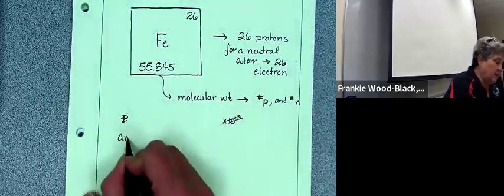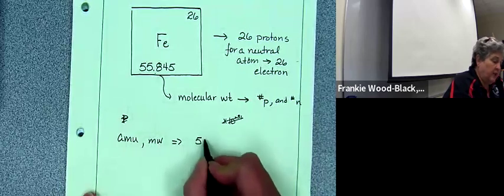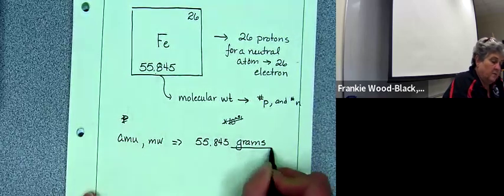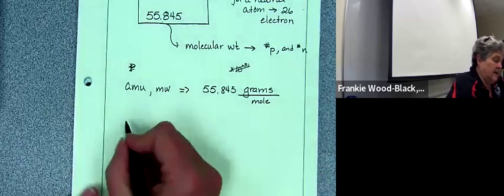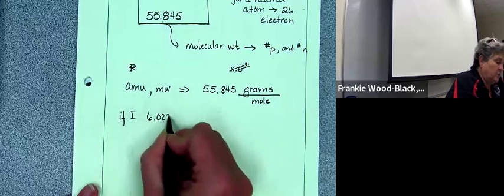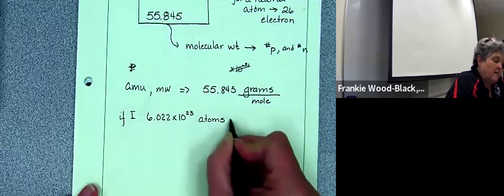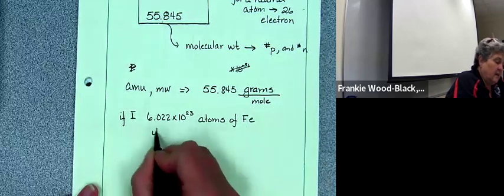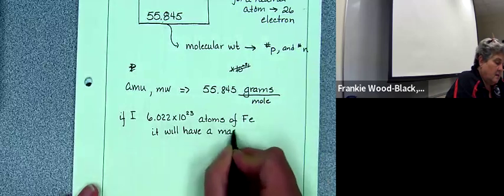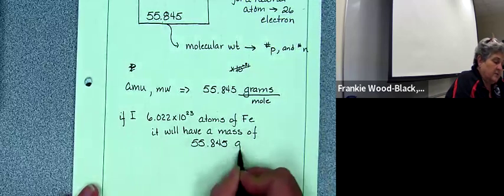My atomic mass unit, or my molecular weight, says I have 55.845 grams per mole. Or it says that if I have 6.022 times 10 to the 23rd atoms of iron, it will have a mass of 55.845 grams.